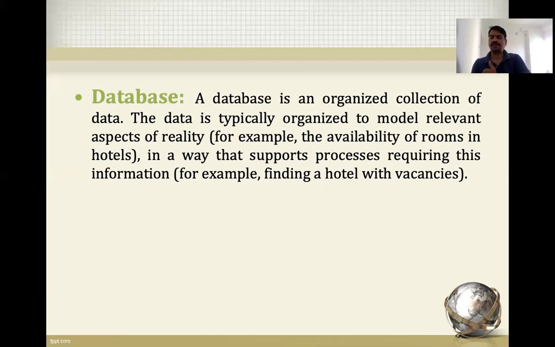We have multiple such records, and I need only student data to make the student database. So the collection of data should be similar, the properties should be similar, and we organize those data. Organized data is called a database. Okay.